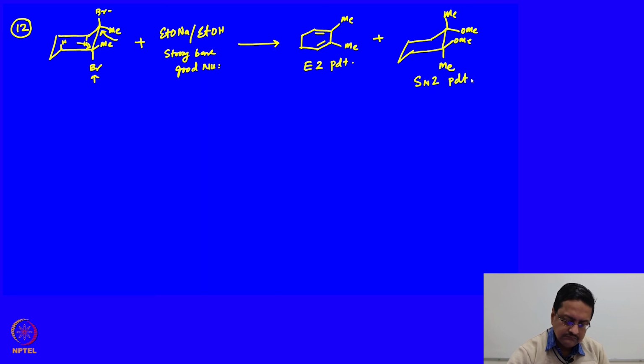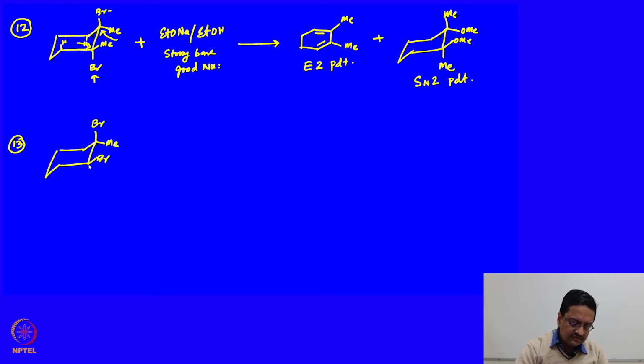Right. So, let us see the last example for this lecture. If we had in the previous compound the bromines, instead of being trans, the bromines are in cis and methyls are also in the cis orientation.